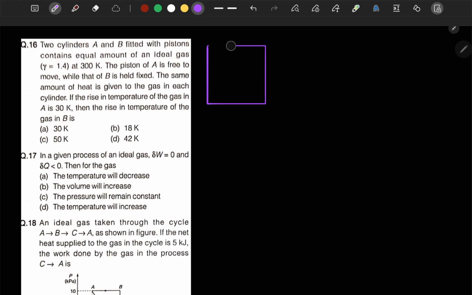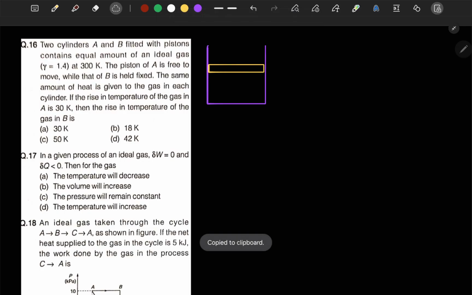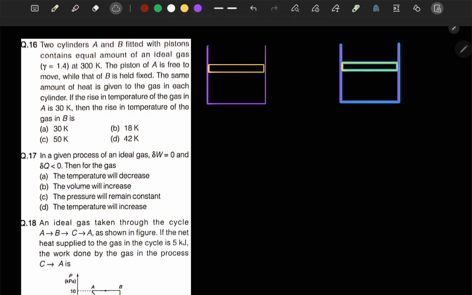Let me draw the piston cylinder arrangement first. So this is the piston cylinder arrangement. There are two piston cylinder arrangements. Let me copy and then I will just paste it here.